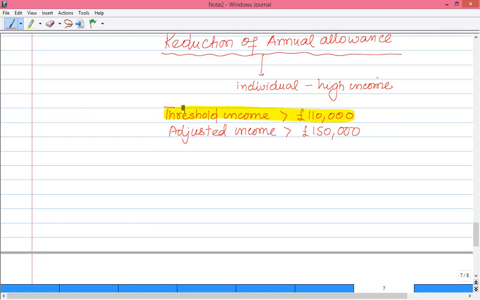Now, how can we calculate adjusted income? The formula for calculation of adjusted income, this is not the ANI, it is different.